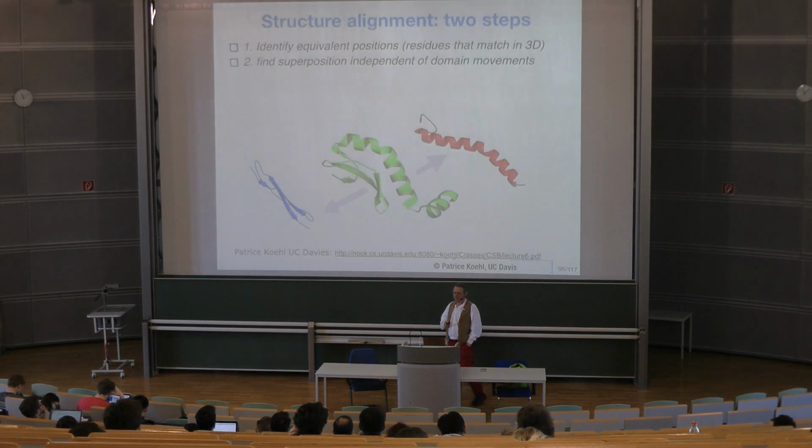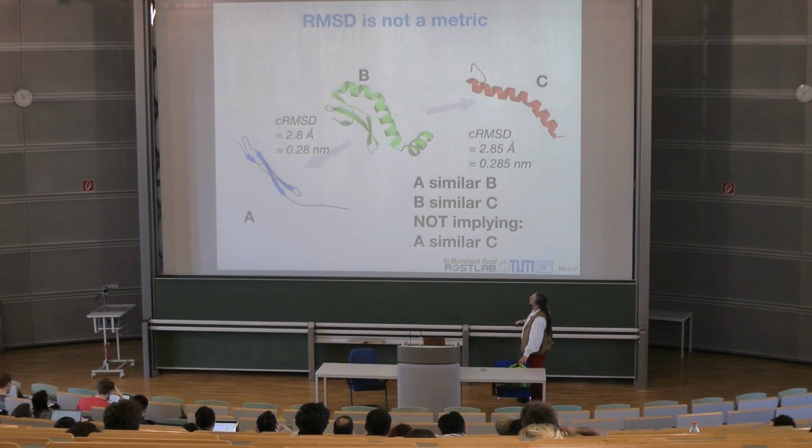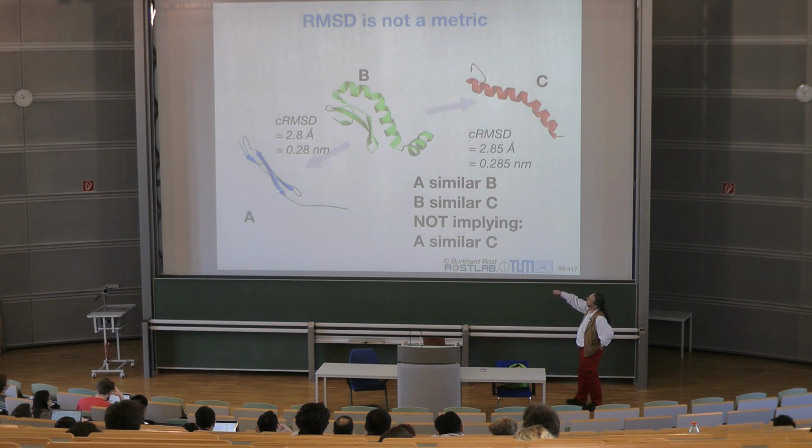Okay? And this is in fact exactly what is done in biology. Some of these slides are from Patrice Coe. So again, in this particular example, now assume I wanted to do an alignment to itself. Then in order to see similarities, you would have to somehow break it up and then compute the RMSD. In this particular case, you see there's some similarity of this region to that, and some similarity of this region to that.